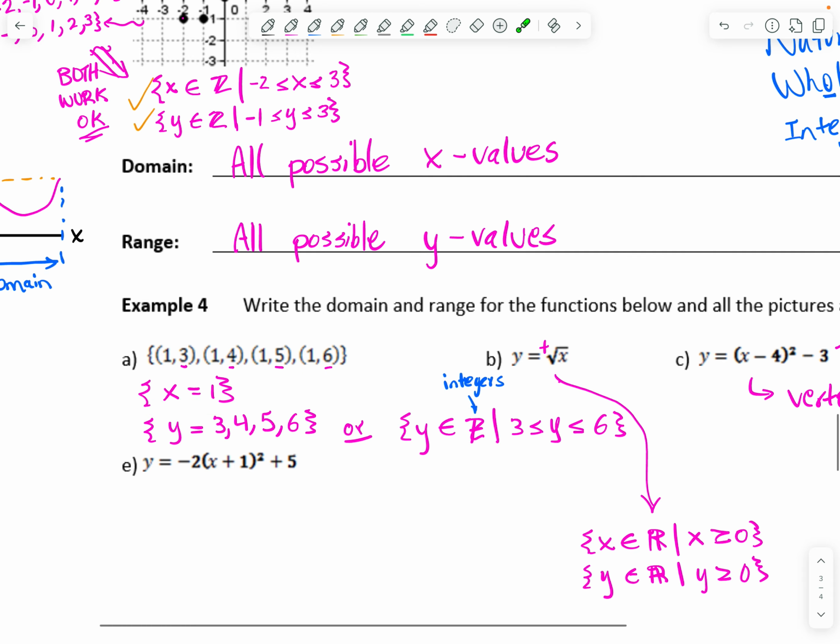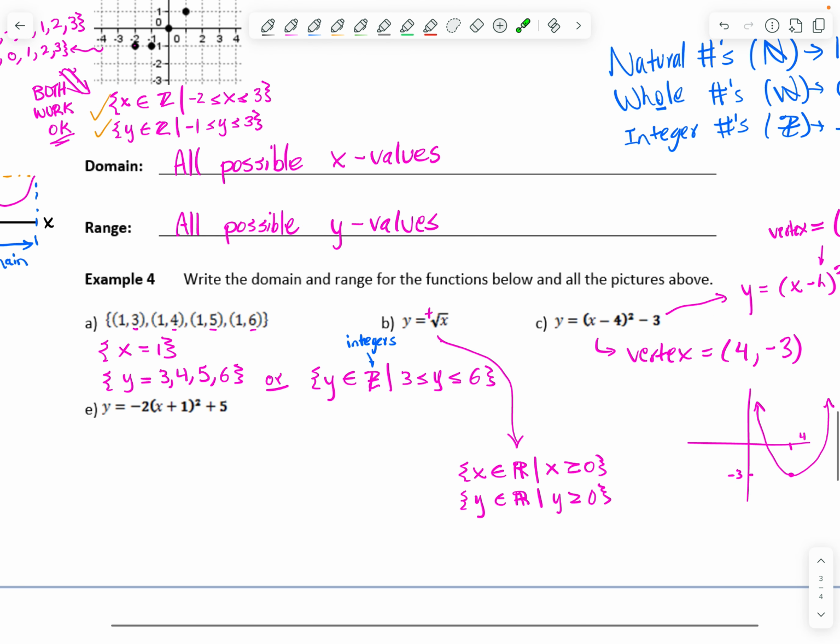So I could just say x equals 1. And then I could say what the range is. I could just say, well, it's 3, 4, 5, and 6. That's one option. Or what I can do equally as well, same thing for the range, I could say y is an element of the integers such that y is between 3 and 6. For the domain, it would just make sense to put x is equal to 1, because there is no other x value.